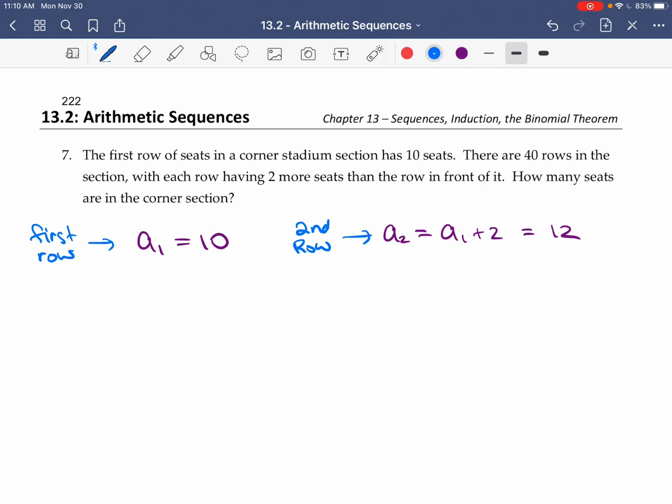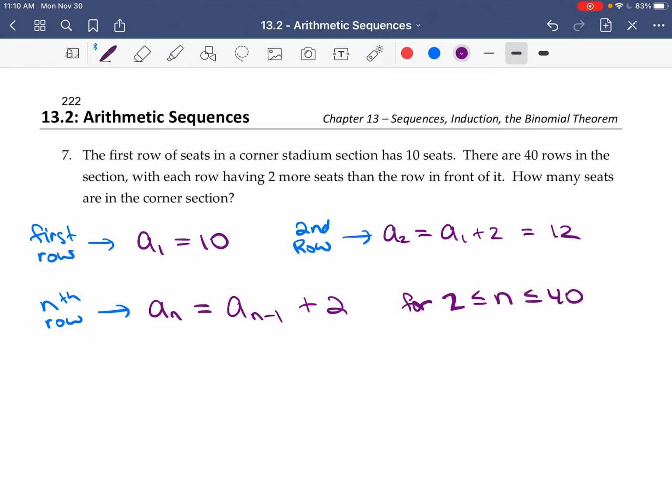So that means that the nth row, a_n, is going to have the number that's in the row before plus 2. I guess n should start at 2, but it goes up to the 40th row, so there are 40 rows in this section.